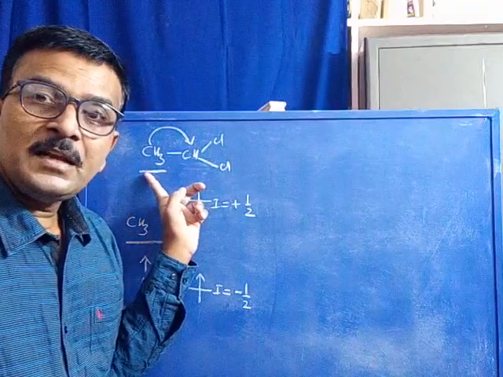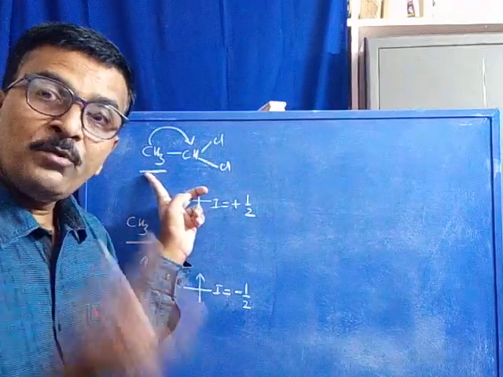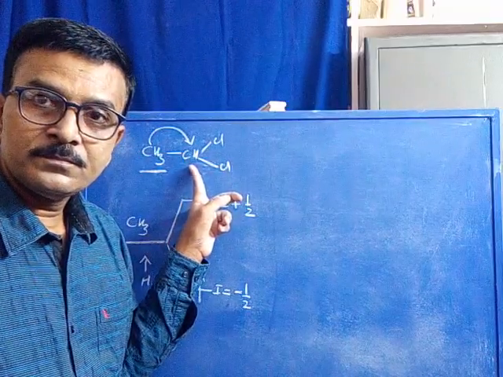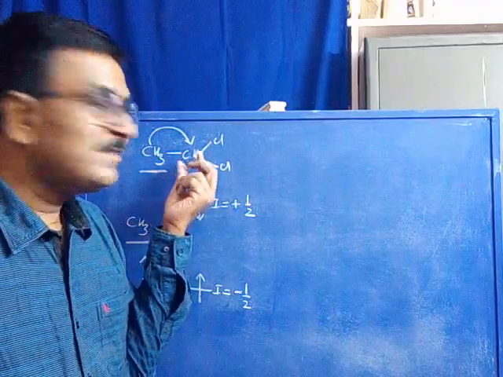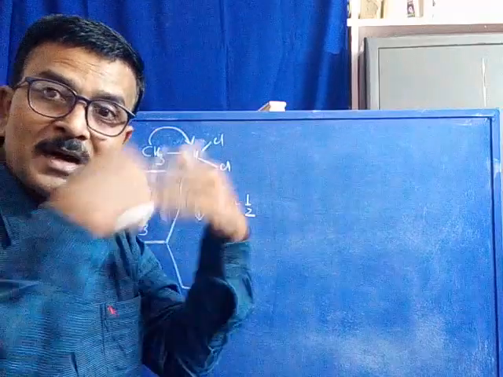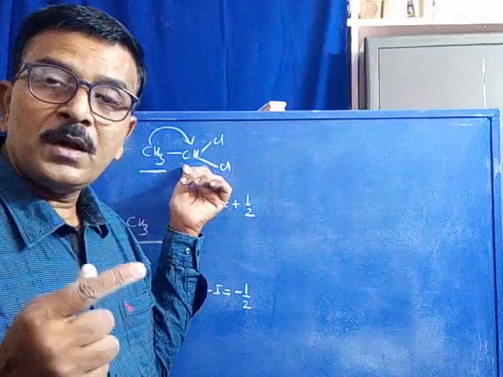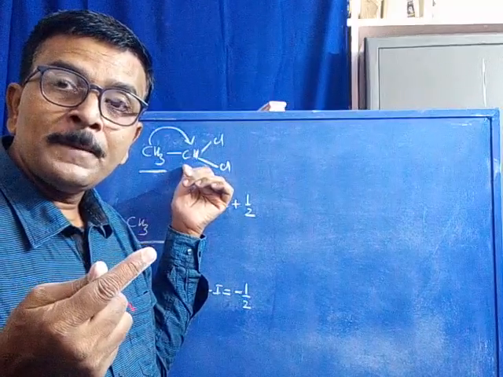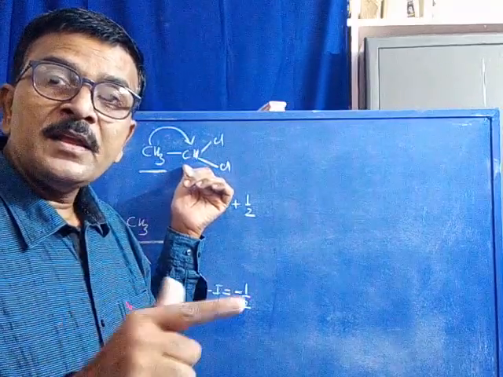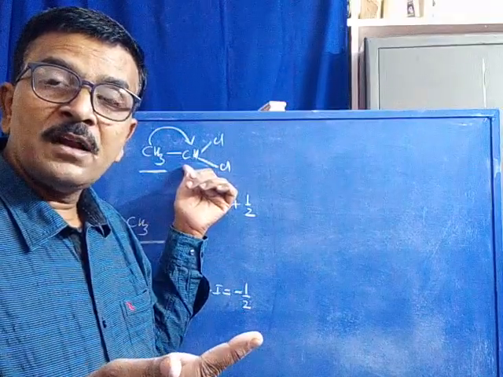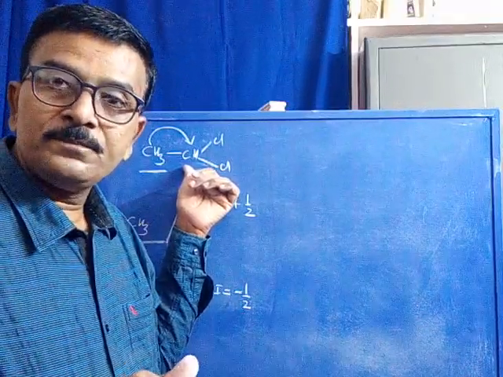Now when the CH3 group of protons is coupled with the CH proton, what happens? After coupling, the CH proton nuclear spin may be oriented in different ways with respect to each orientation of CH3 proton.